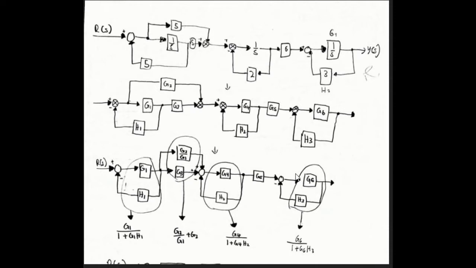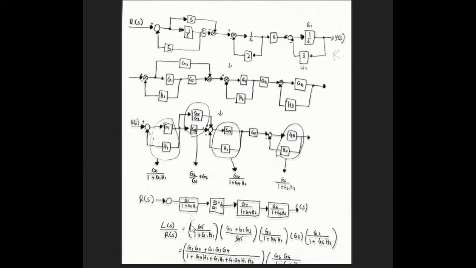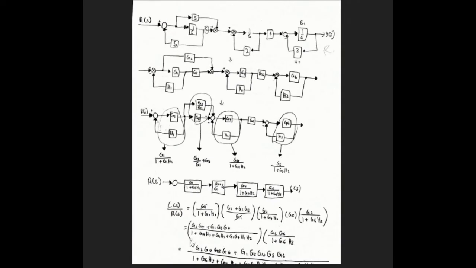Then I will be using feedback form here, and I will be using parallel form over here and feedback form over here. And then I will create an equation like this, and then I will use the cascade form, which will be multiplied to each other, and then I will form an equation like this.